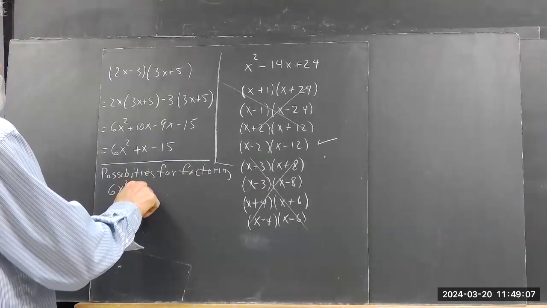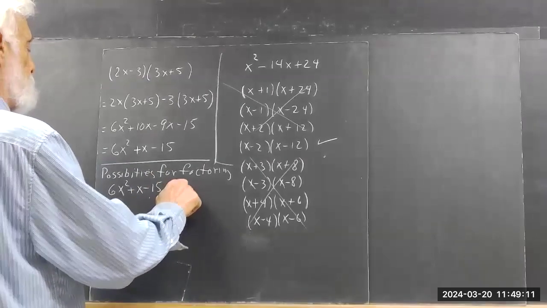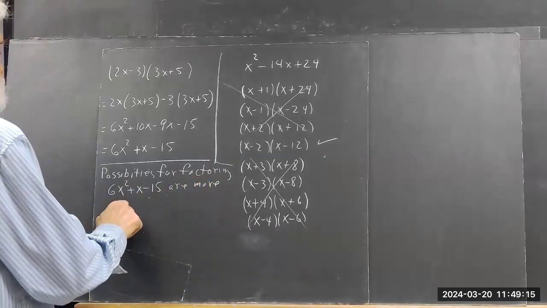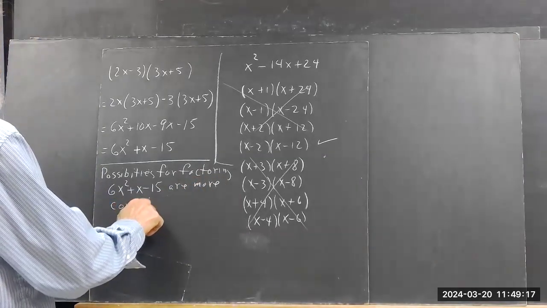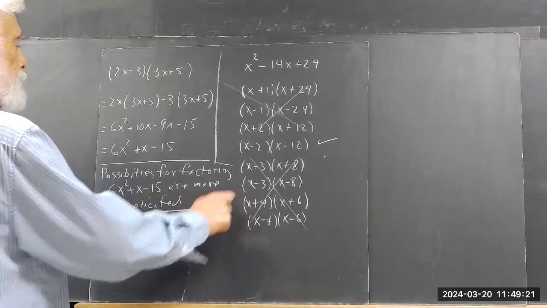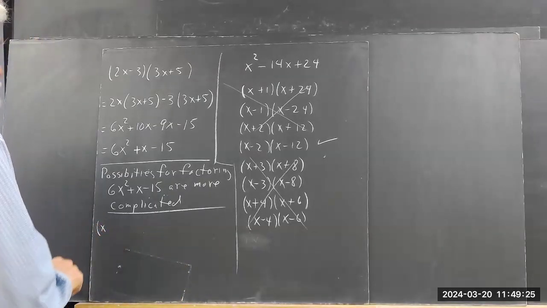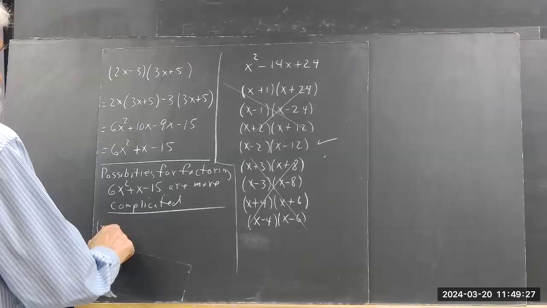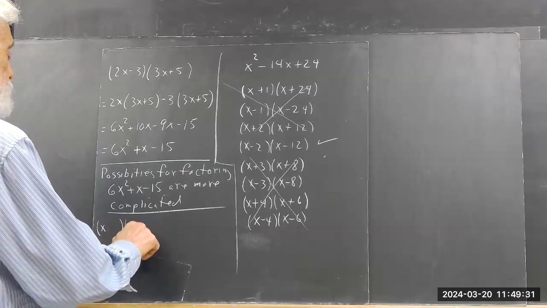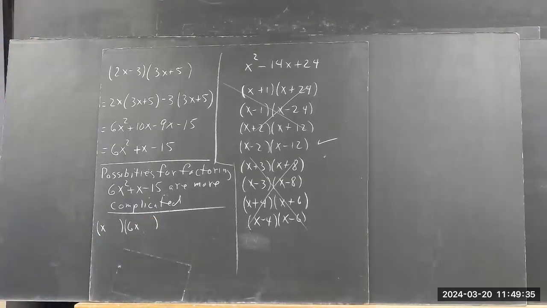6x squared plus x minus 15. Complicated. One thing, we could have an x with something and a 6x with something, right?